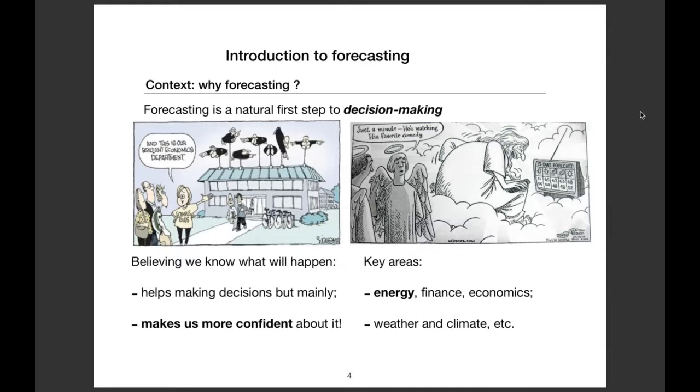Most of the time, this is that, in fact. And the key areas of forecasting are energy, finance, economics, weather, climate, etc. So in almost every sector, there are forecasts, and decision makers use these forecasts to take decisions and to be more confident about it. So this is something that is widely used.